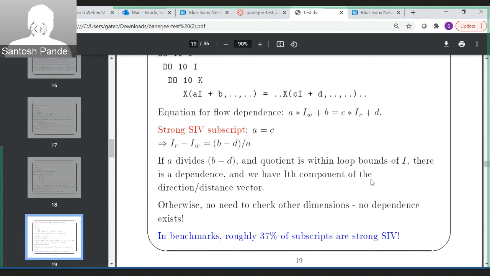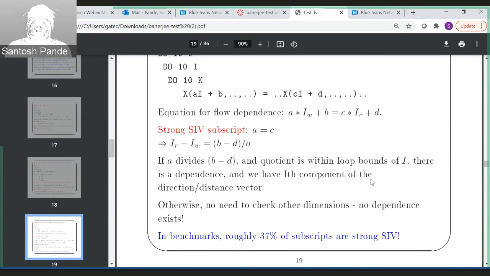Roughly 37% of the subscripts are strong SIV, and that means their coefficients are the same, A is equal to C. Many of them could even be equal to 1. Then the condition degenerates to B minus D falling within the loop bounds. But in general, that need not be the case for strong SIV subscripts, where A is equal to C, which may not be equal to 1.